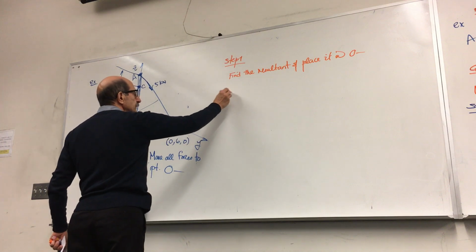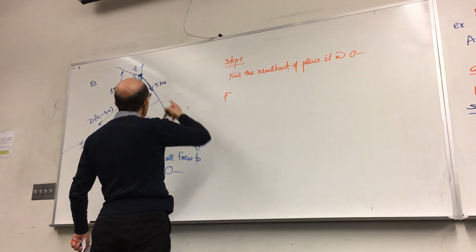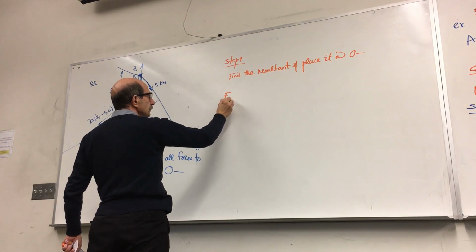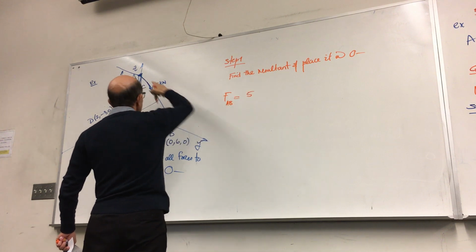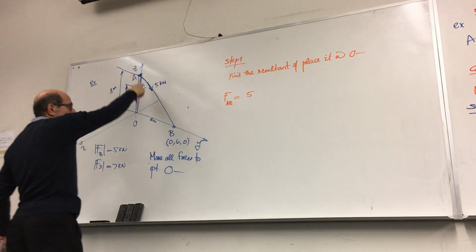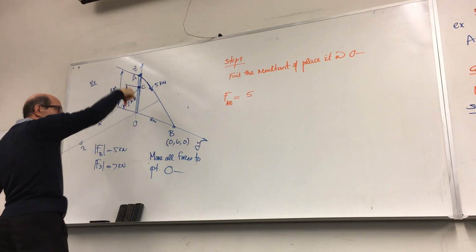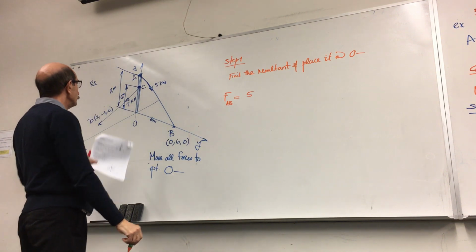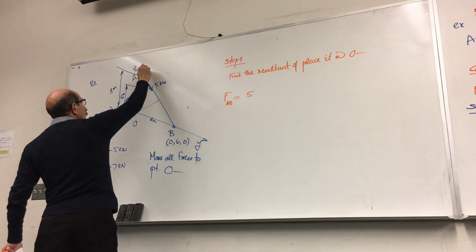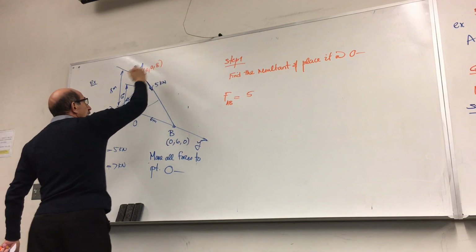So force at AB is 5 kilonewton given times the unit vector, which unit vector is what? Tip minus tail divided by the length. So you have A is just 0, 0, 8.